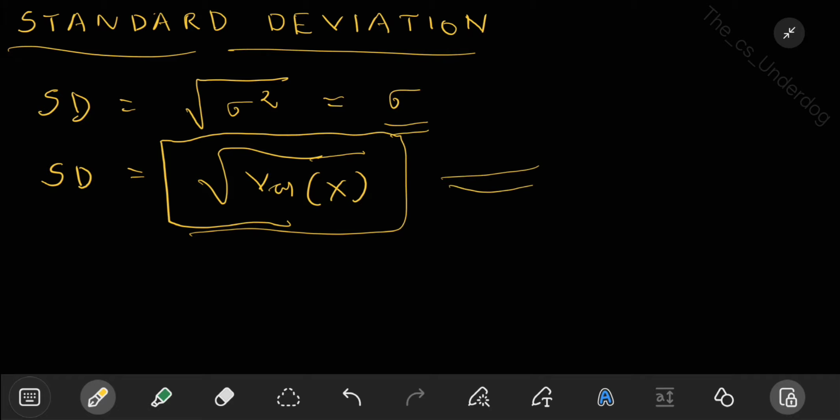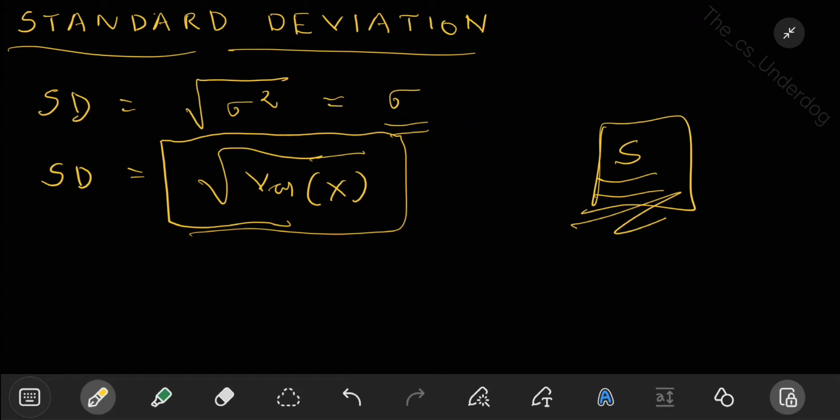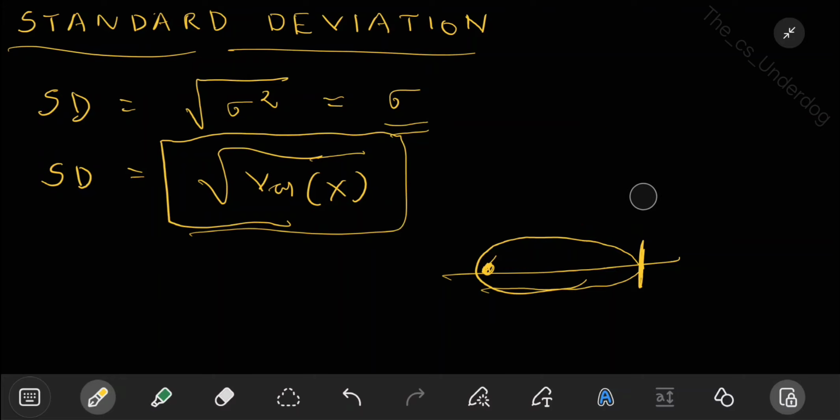But what is the difference? Scale is different. In variance, what did you do? You squared the term which was the deviation. Why did you square it? Because if you have one point which is largely deviating from the mean, you want to magnify this deviation. For that purpose, you took the deviation, squared it and then took the expectation.